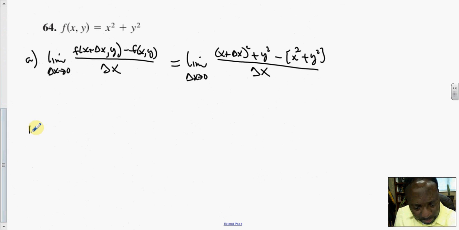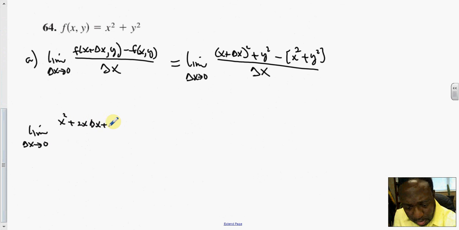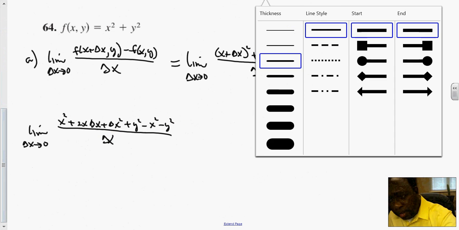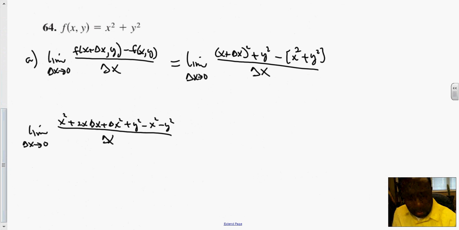We simplify. This is the limit as delta x goes to 0. Up top we have x squared plus 2x delta x plus delta x squared plus y squared minus x squared minus y squared, all over delta x. You know you're doing it right when x squared minus x squared cancels out, y squared minus y squared cancels out, and all you have left are terms with deltas in them.